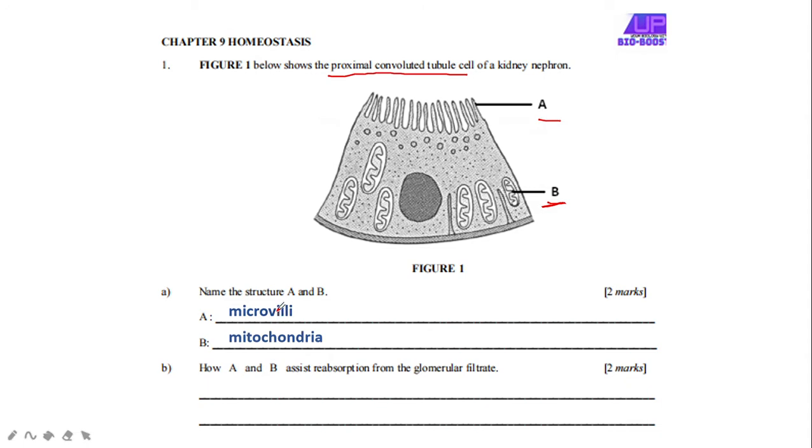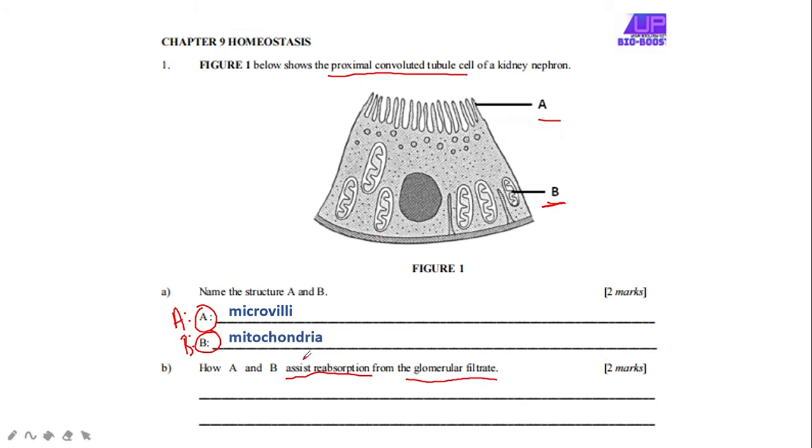In case the answer section does not provide A and B, you have to write it yourself: A is microvilli, B is mitochondria. Okay, so B: how do A and B assist reabsorption from the glomerular filtrate, 2 marks.